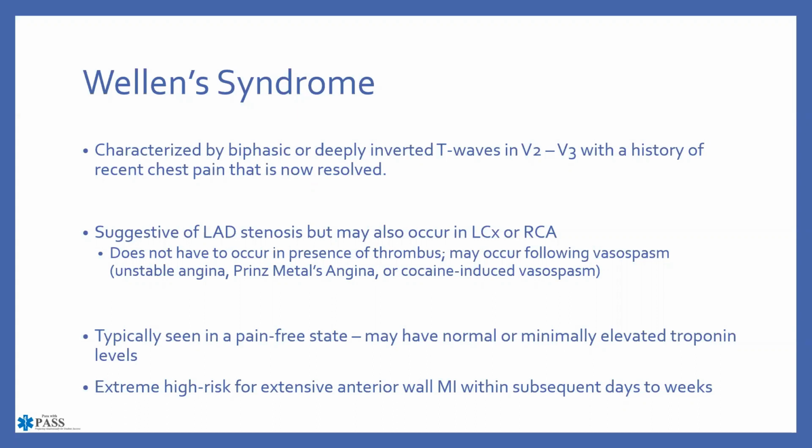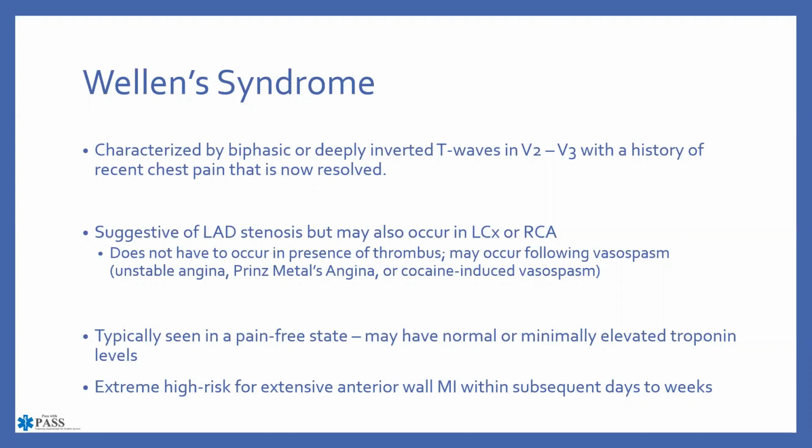Those are important, no question. The Wellens syndrome, I think, is the one that will probably resonate with us more, because it is found in patients that are in a pain-free state. And I think that's really the take-home message here: these are patients that are no longer suffering from any of these acute coronary syndromes, in theory. We just can't see it.